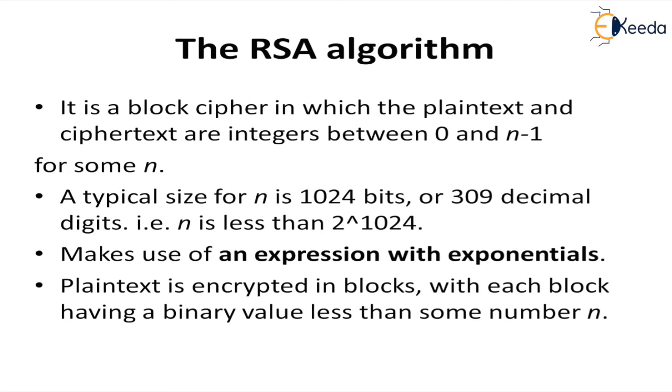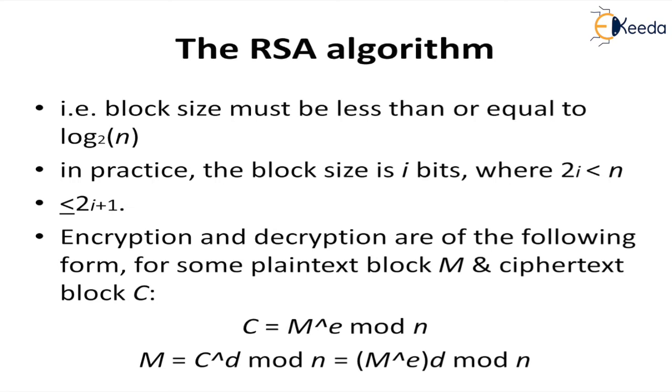The plain text is encrypted in blocks, with each block having a binary value less than some number n. That is, block size must be less than or equal to log to the base 2 of n. In practice, the block size is i bits, where 2^i is less than or equal to n, which is less than 2^(i+1).